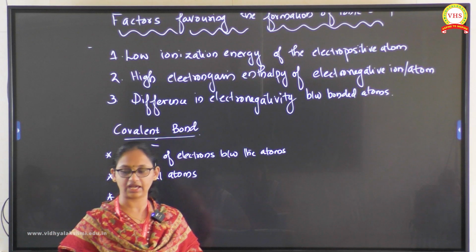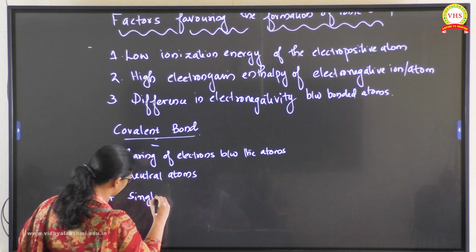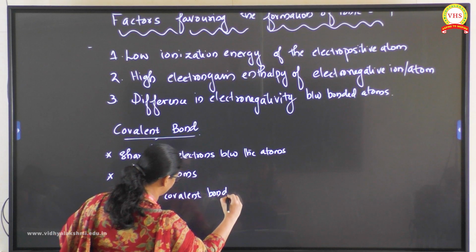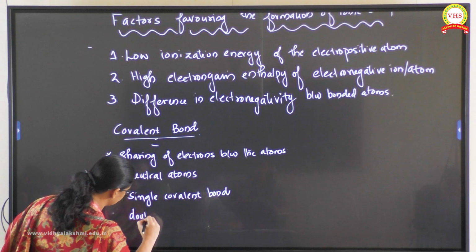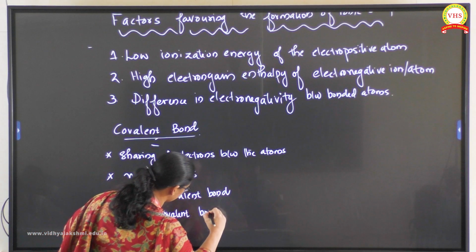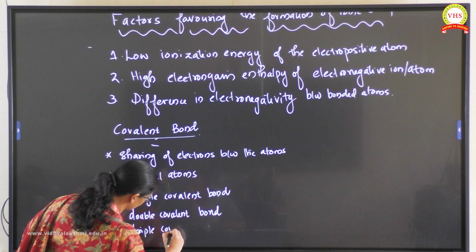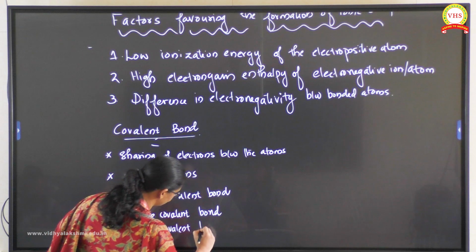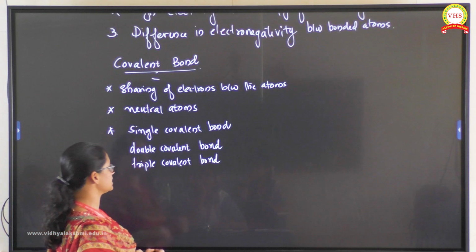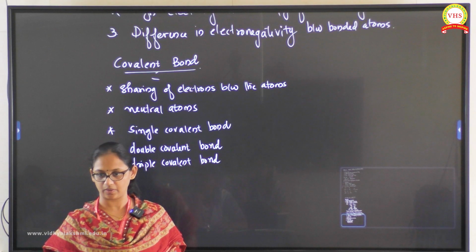There are three types of covalent bonds: single covalent bond, double covalent bond, and triple covalent bond.